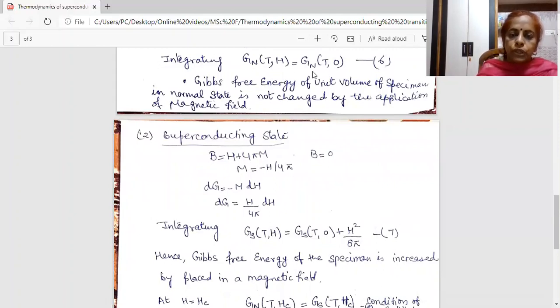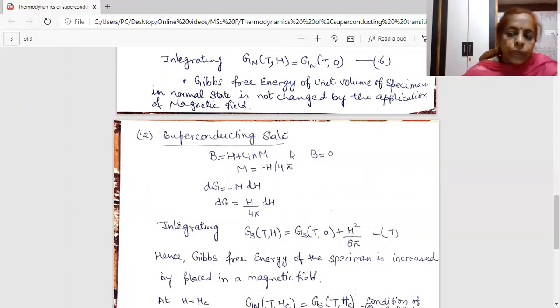But we have already shown that in the normal state, there is no change in the Gibbs free energy by the application of magnetic field. Hence, in the two states, the variation of Gibbs free energy is totally different.